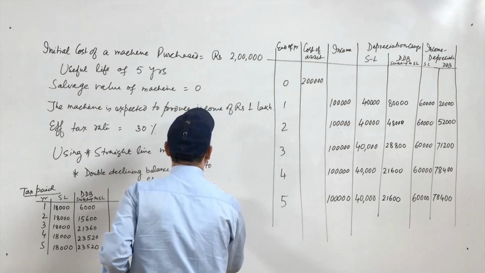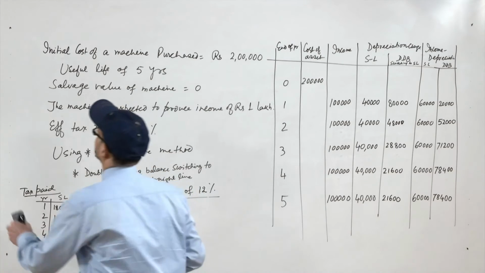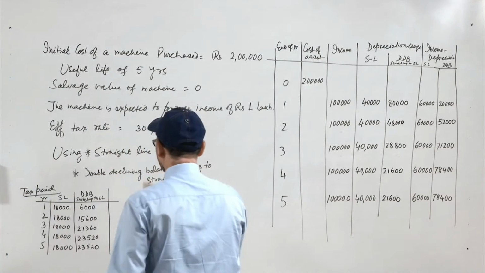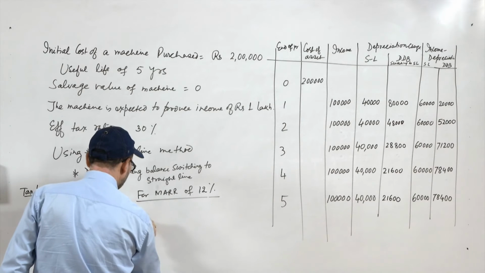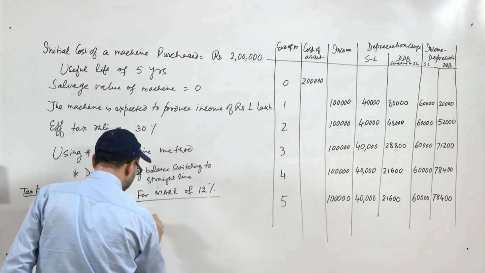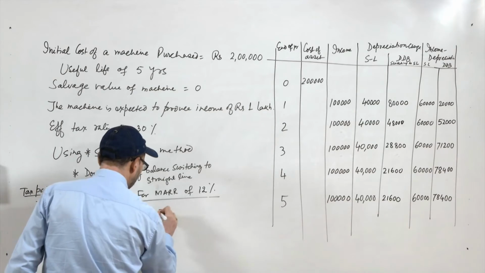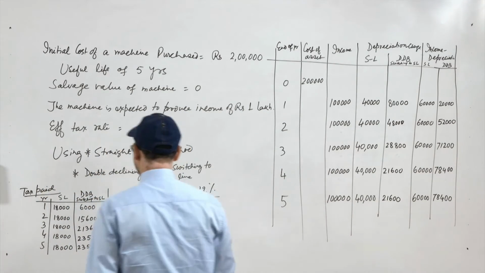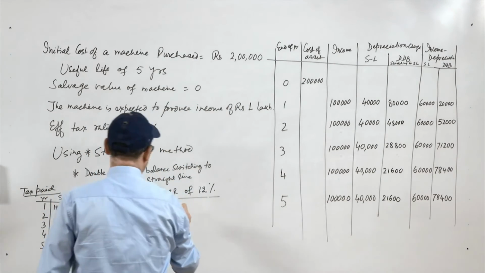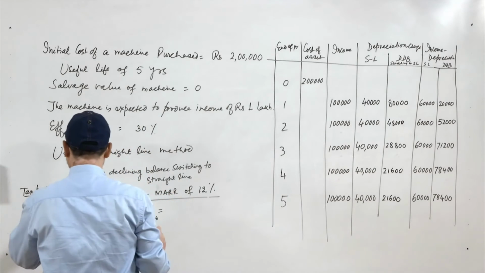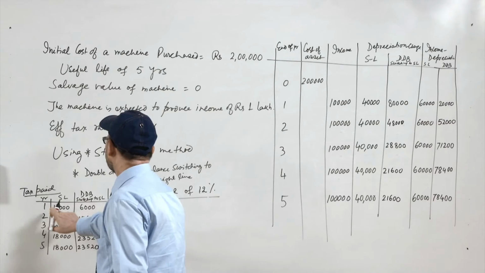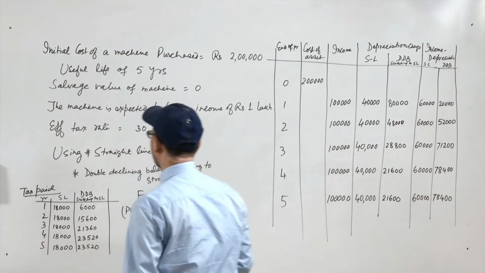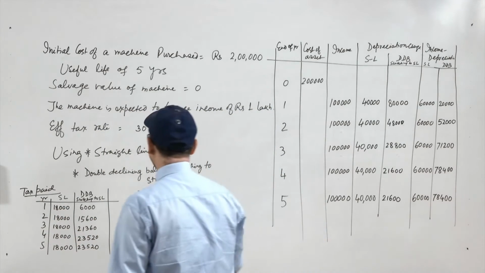We have to use the table of 12% in that case. So, if you look at present worth using straight line method, 18,000 amount every year you are basically paying.